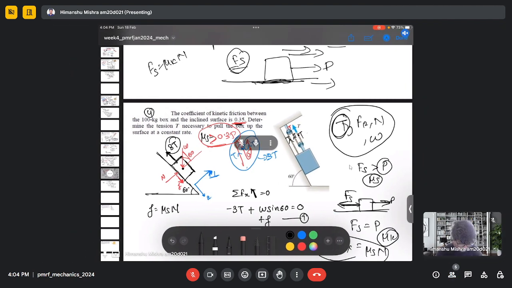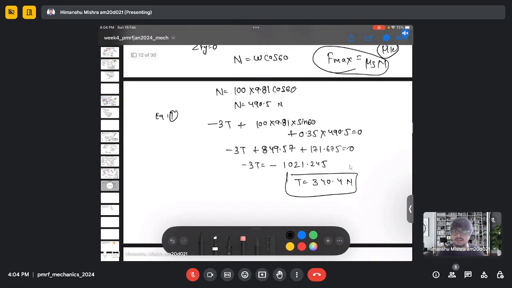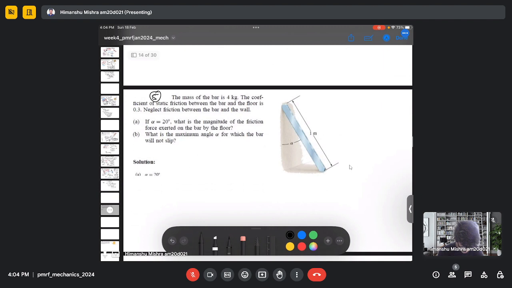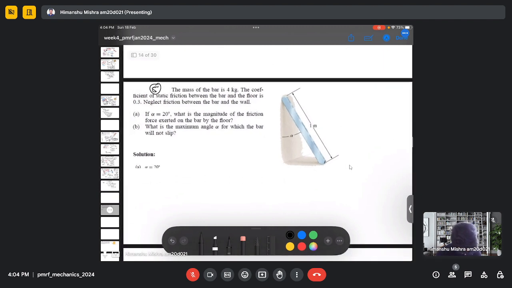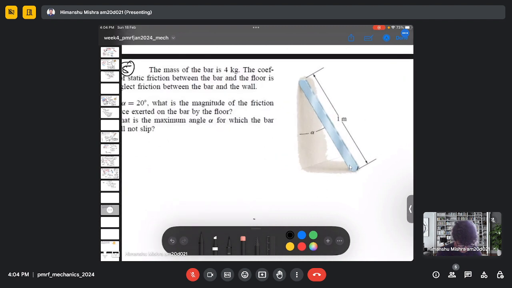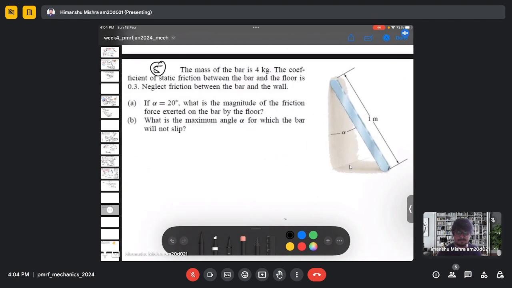So let's move to the next problem. Now we start some different kind of problem. Until now we looked at block kind of problems as well as disk kind of problems.